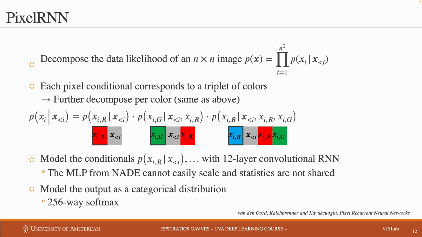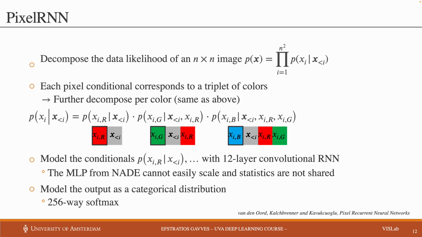And to generate the blue channel pixel value, I have to depend on all previous pixels, as well as my red and green channel for this pixel. So they really decompose every dimension. That's a choice, right? They could also have grouped things together, but they chose to do that.